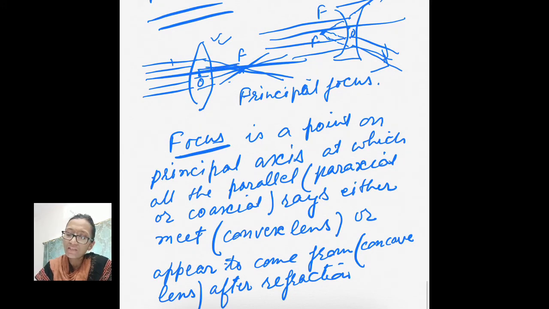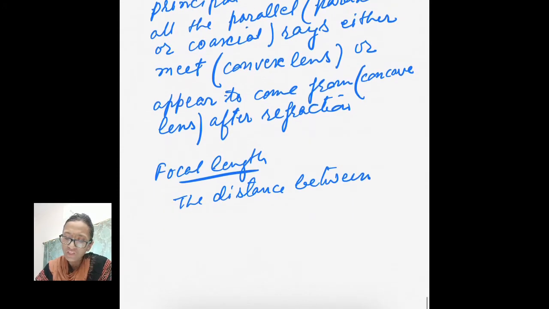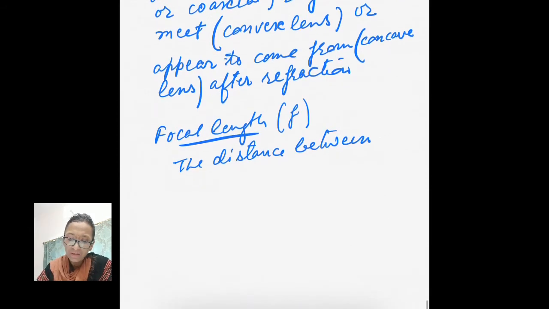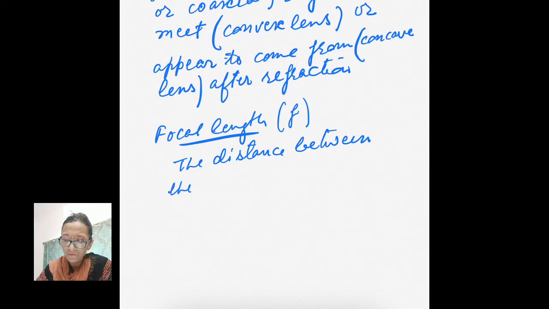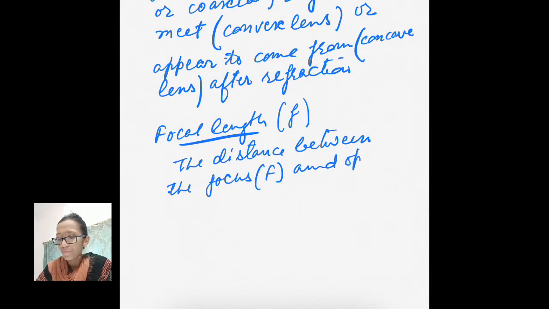In a concave lens you can see from optical center to focus, this length is called focal length. So focal length, which you can represent with small f, is the distance between the focus, capital F, and the optical center.